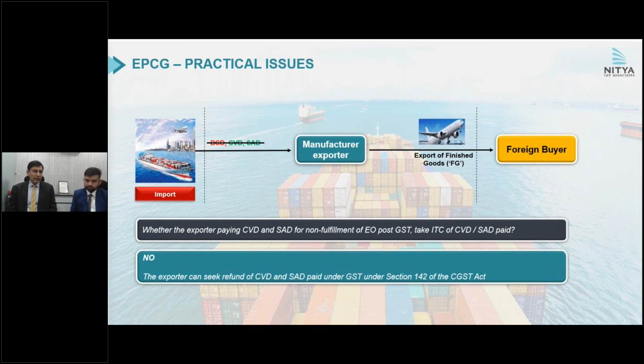Therefore, you cannot claim ITC of that, but legally you can claim refund of CVD and SAT under section 142 of the CGST Act, which permits refund of any of the erstwhile taxes. Indeed, this issue is disputable, but in our view, legally you can claim the refund, and in any case, you don't have any other option to get back this money.